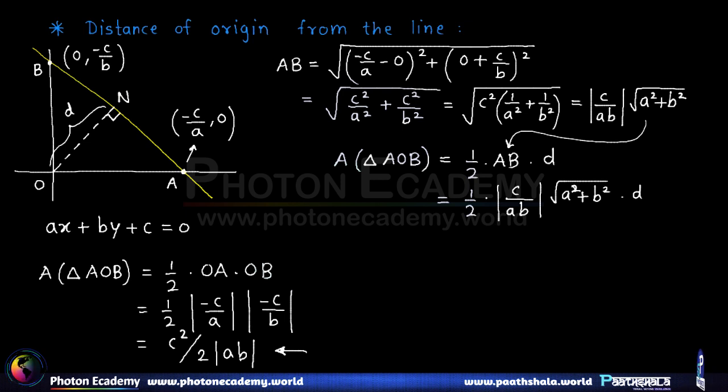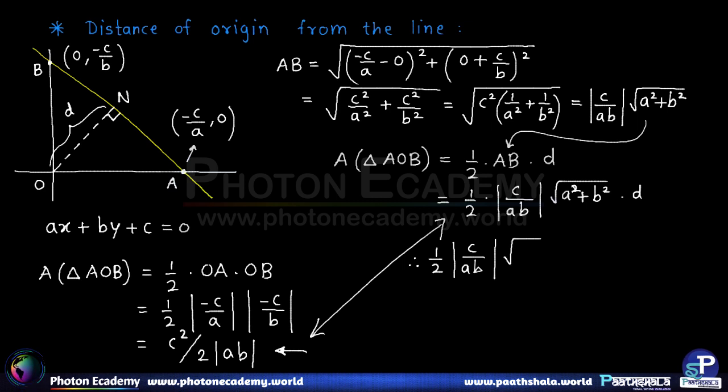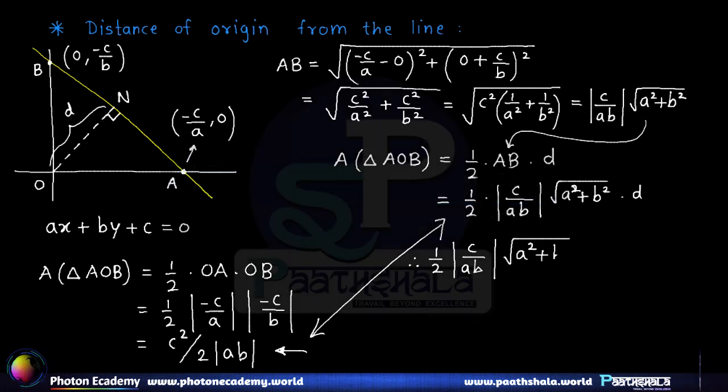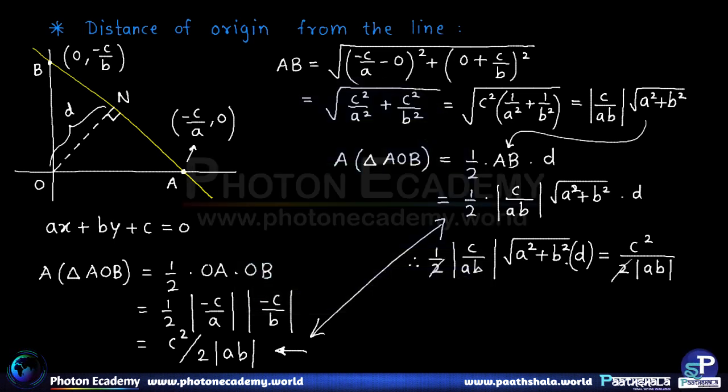So therefore we equate these two areas that we have got, right? So we can write half mod of C by AB into root of A square plus B square into D, of course this D is separate, it's not inside the square root, is equal to C square upon 2 into mod of A into B. So therefore 2 gets cancelled from both sides, mod of AB also gets cancelled from both sides, mod C gets cancelled from both sides, okay?